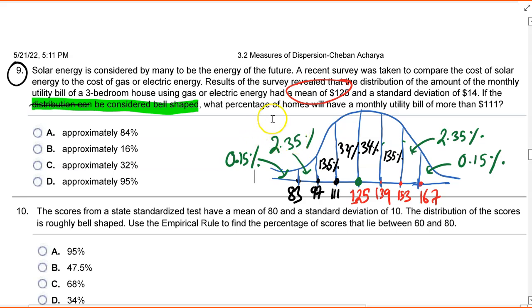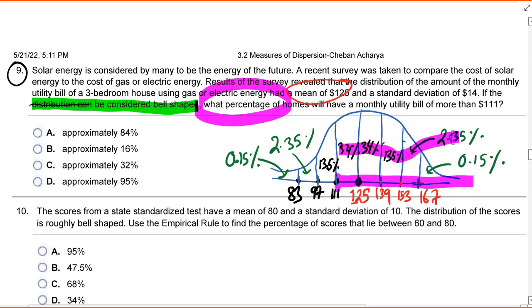The question: what percentage of the homes will have a monthly utility bill of more than 111? More than 111 is pretty much this way, so you're adding all these percentages. You're adding 34%, 34%, 13.5%, 2.35%, 0.15%.